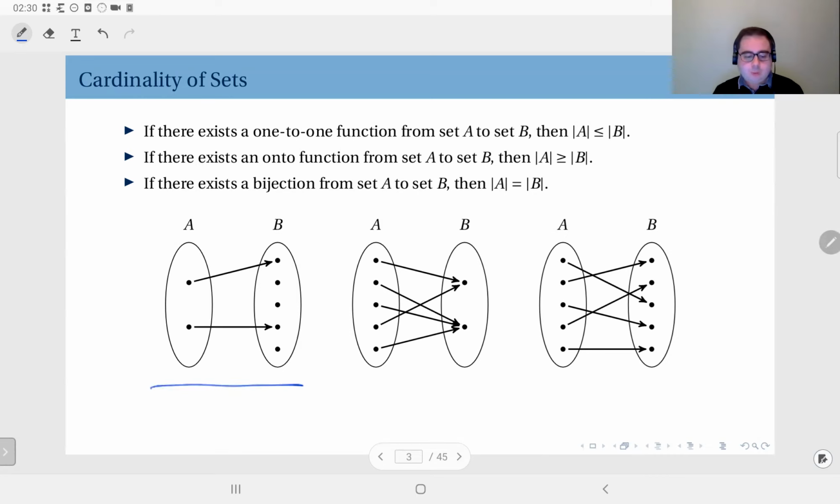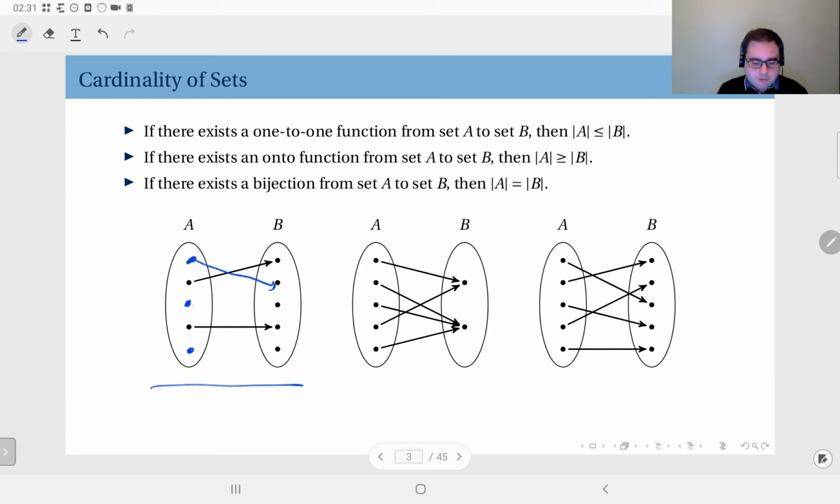You see, we have a function which is one-to-one from A to B, which means there are left out elements in B. Therefore, the cardinality of B must be greater than or equal to cardinality of A, because otherwise it would not be possible to define a one-to-one function. Why? Because if you have more elements here, let's say you have this one, this one, this one, which would make it equal.